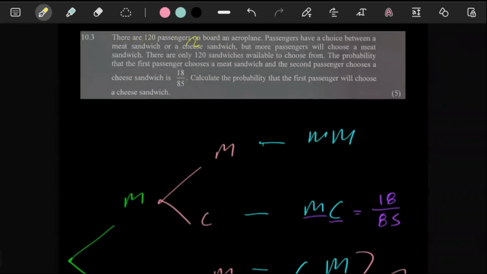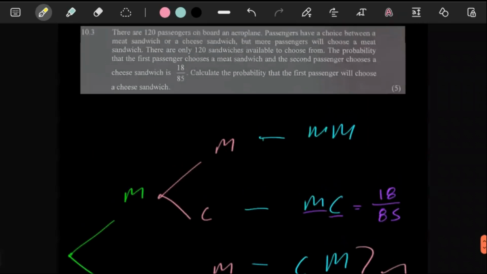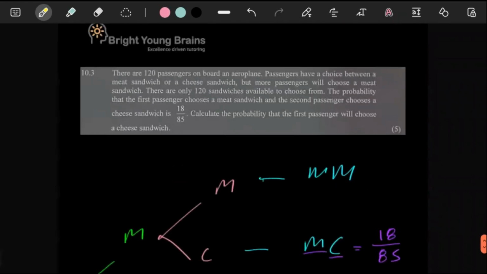Since there are 120 passengers on board this aeroplane, and also 120 sandwiches, the only issue is we don't know the ratio between the meat ones and the cheese ones. Some people are going to have to choose whatever is left once one variation runs out.